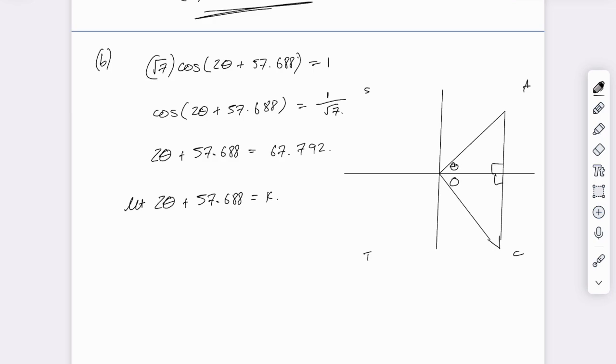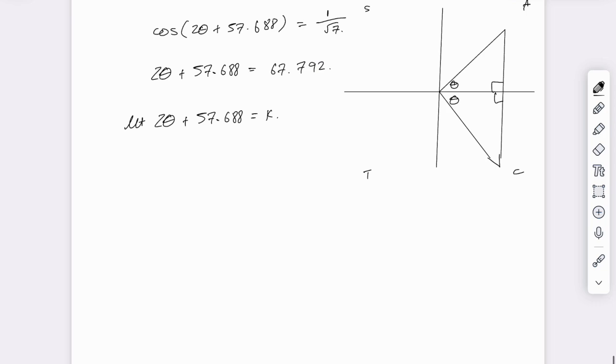Right. So that's going to equal 360 minus theta, or just the reference angle. So 360 minus 67.792. So we can say that k is equal to 67.792, or k is equal to 292.208, right?